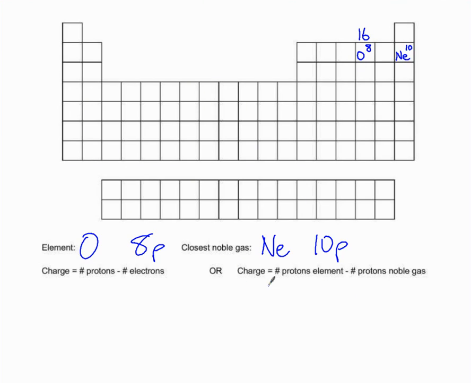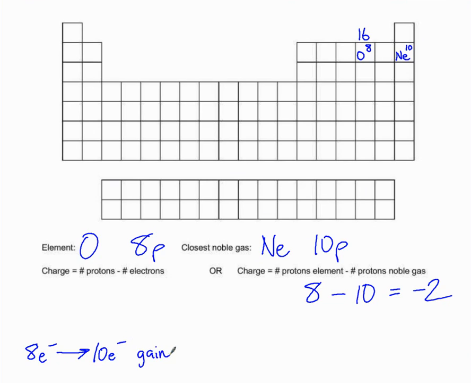So looking at the proton method, comparing the two elements, we have oxygen with 8 minus neon with 10, and that's going to tell us the charge is -2. So here's what's happening. We have an oxygen that is neutral with 8 electrons, and its ion has 10 electrons.